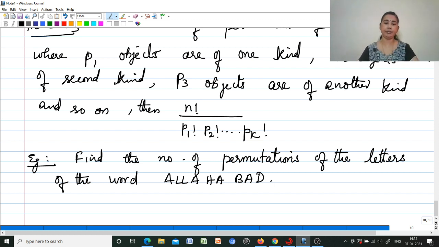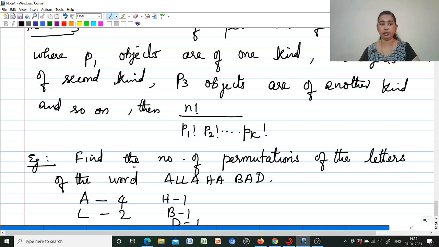So, here given so many objects are of same type, that is A comes how many times? 1, 2, 3, 4, 4 times. Then L 2 times. Then H 1 time. Then B 1 time and D also 1 time, Allahabad.